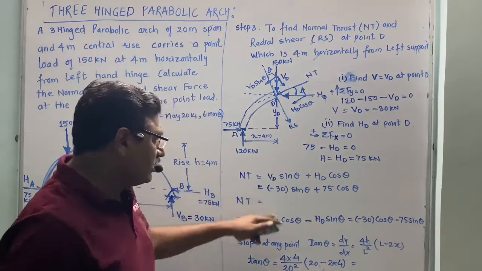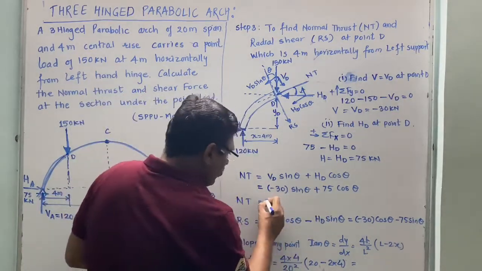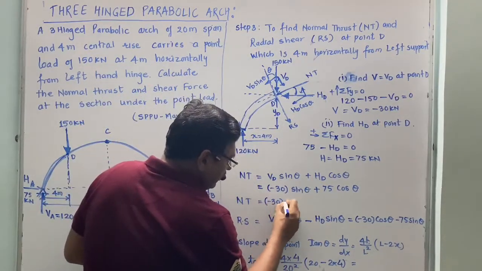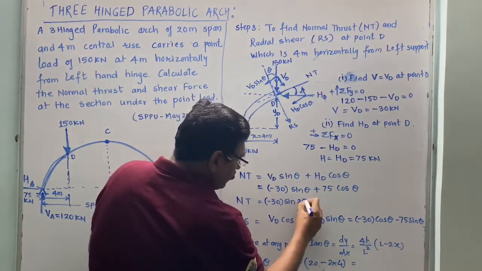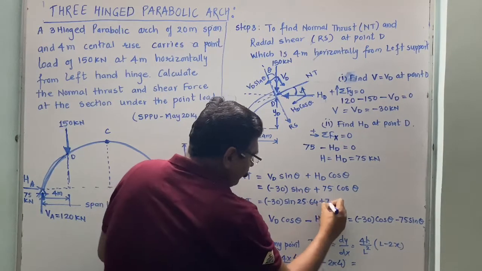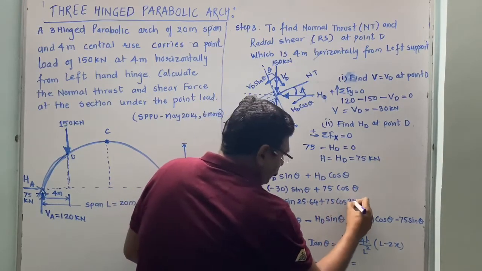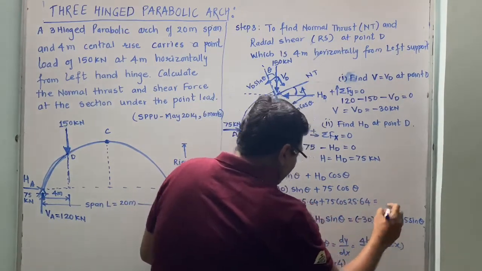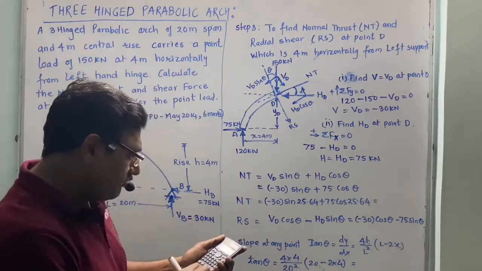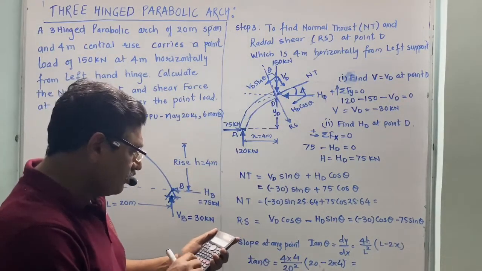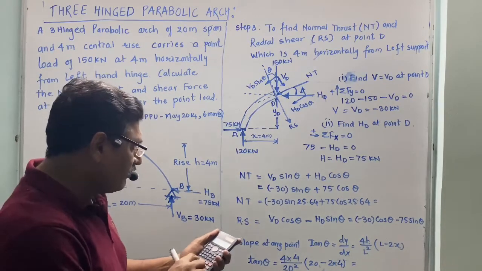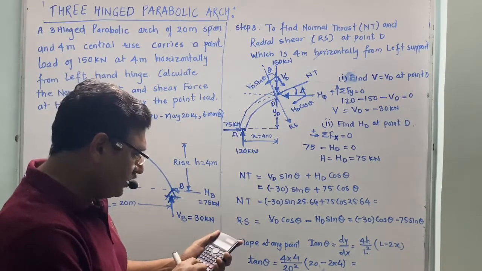I put this value over here: minus 30 sin of 25.64 plus 75 cos of 25.64.